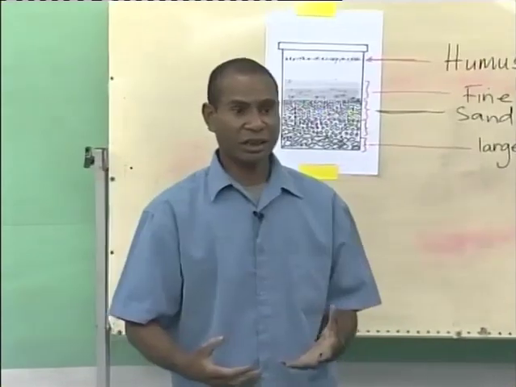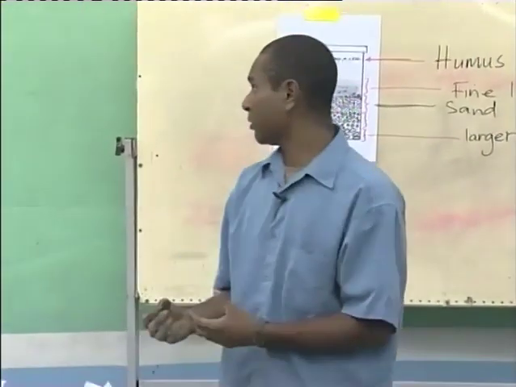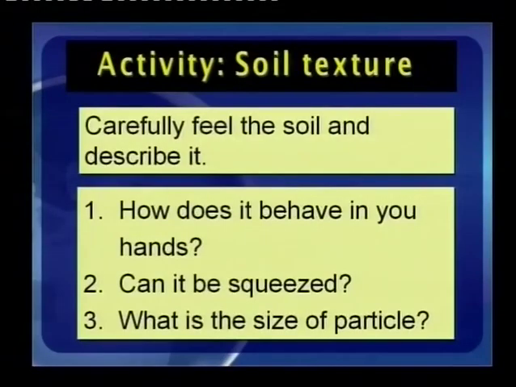Describe each of the soils. There are a few questions, but I just put 3. You can describe more on the color, on the shape, on the size of particles. But there are 3 questions that I put up there to help you write your description, and that is, how does it behave in your hand?